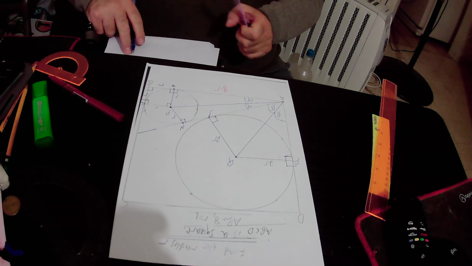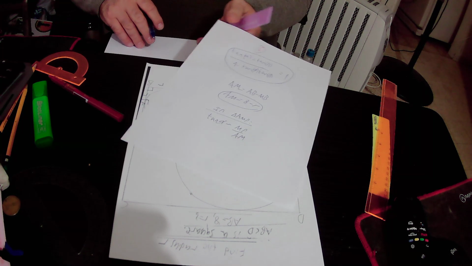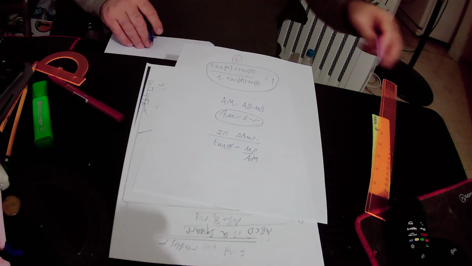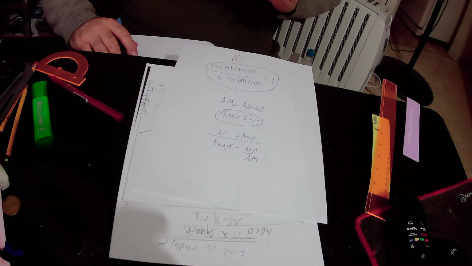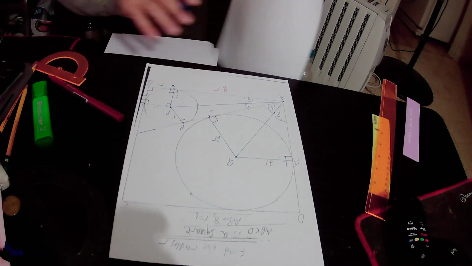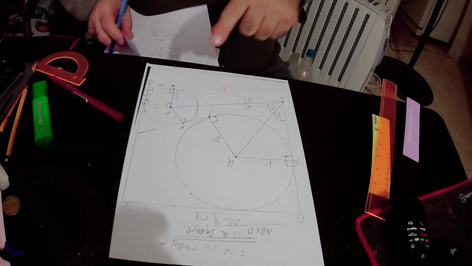Again, in the right triangle AMP, we know that tangent alpha equals MP over AM. But what is the value of MP?